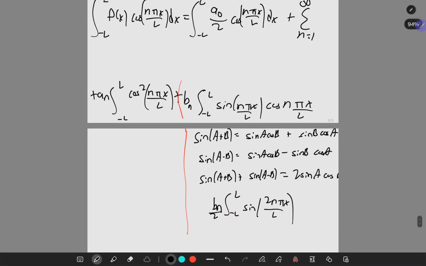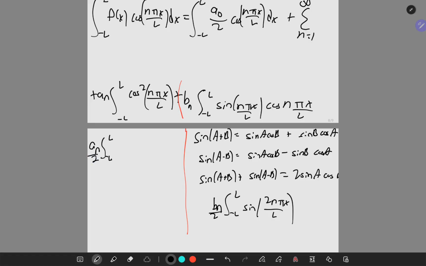This one would be a sub n integral negative L to L. We would use a half angle identity, right? Because it's cosine squared, an even power. That'll be 1/2, so we multiply.